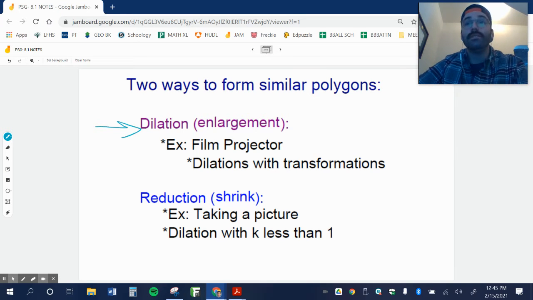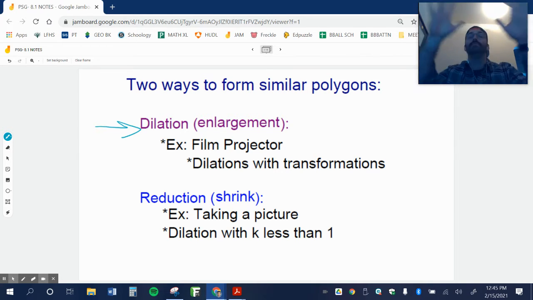If you're going to the movies, what you're watching is a projection from a tiny projector onto a huge screen. That would be a dilation, an enlargement, because it starts off as a really small picture in the actual projector, and then it becomes larger.